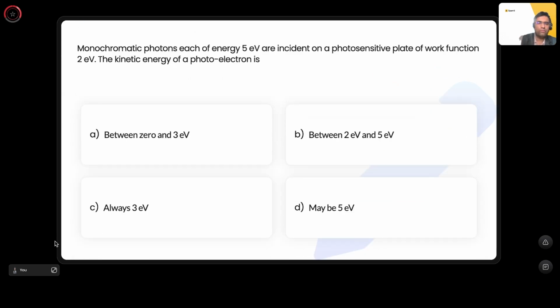Next question. Monochromatic photons, each of energy phi electron volt, are incident on a photosensitive plate of work function 2 electron volt. The kinetic energy is. So K max is equal to E minus phi. So it is basically phi minus 2 electron volt, so 3 electron volt. So the maximum kinetic energy is 3 electron volt.